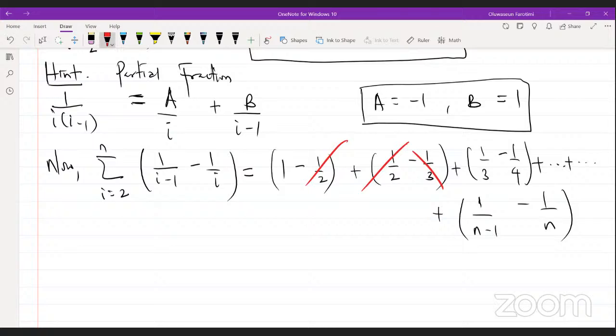This cancels this. So everything is going to be canceling out in that manner until the only thing that remains is just the first term and the last term. So it's going to be the first term and the last term. That's going to be 1 minus 1 over n.